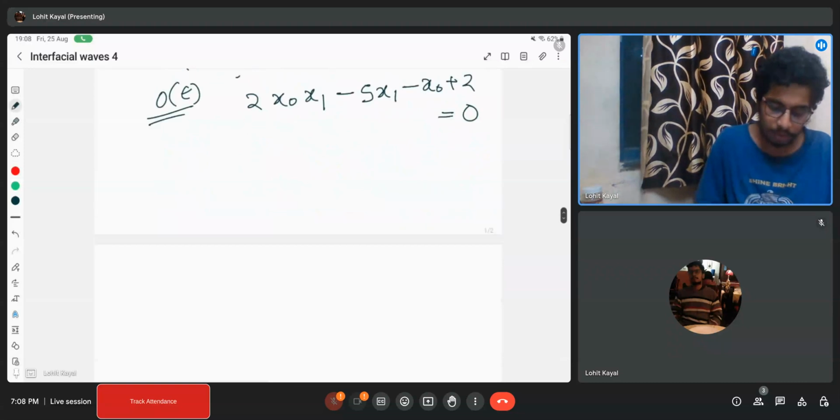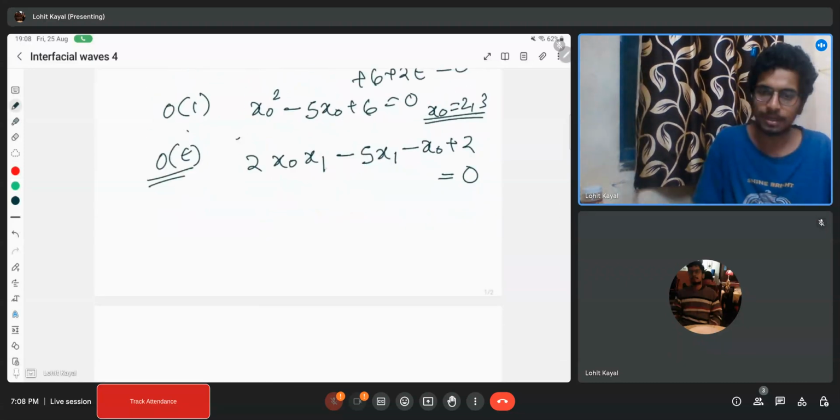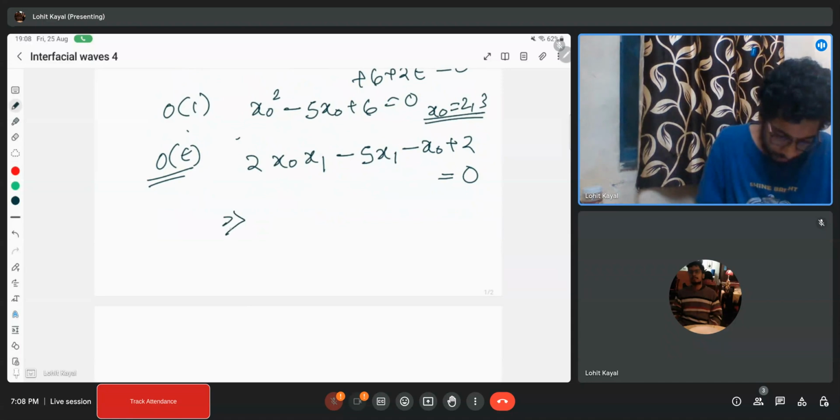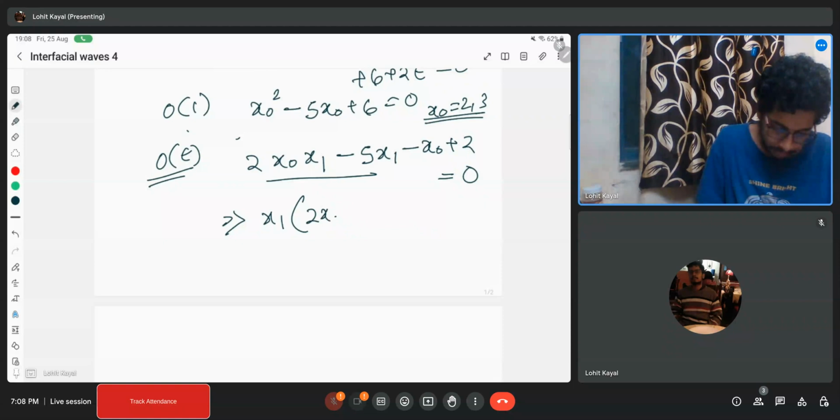Now we already know the expression for x naught, right? So we need to write x1 in terms of x naught. How can we do that? If we take x1 common from these two terms, we get x1 times (2 x naught minus 5) equal to 2 minus x naught.